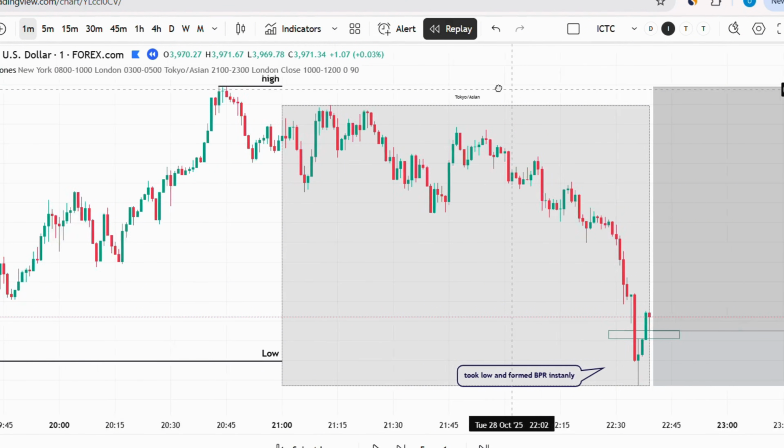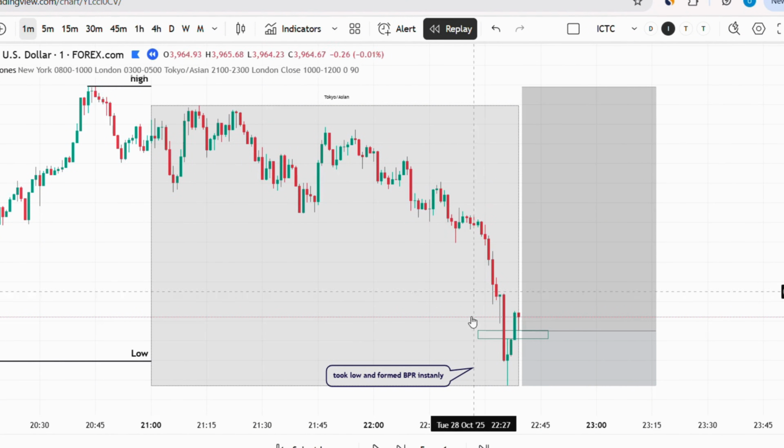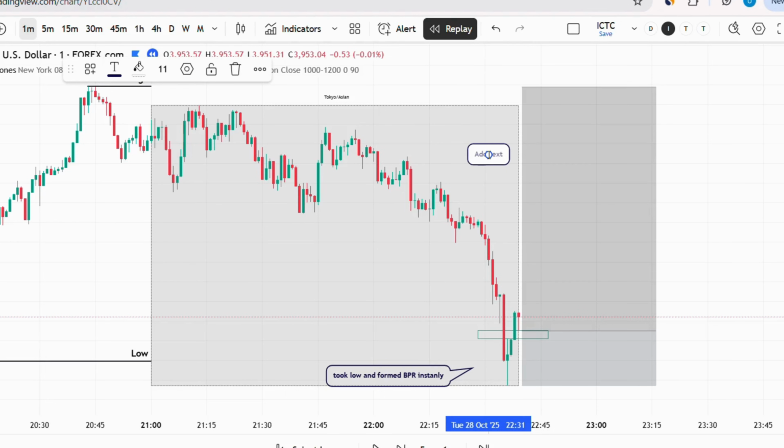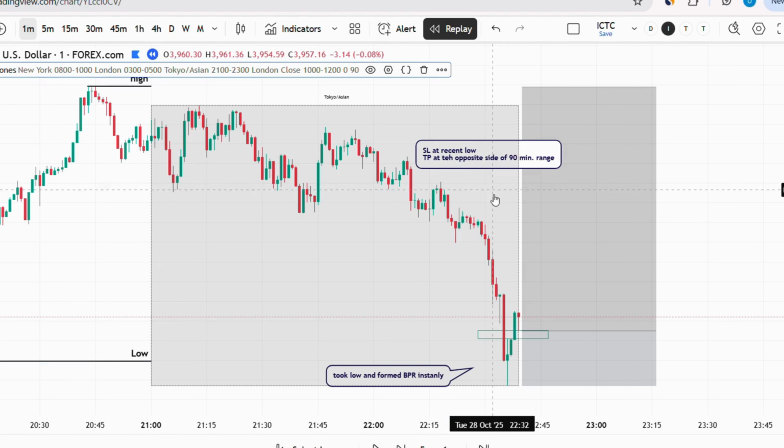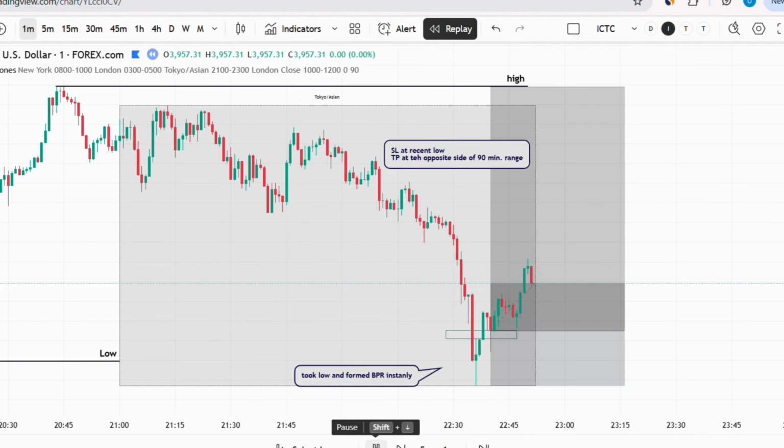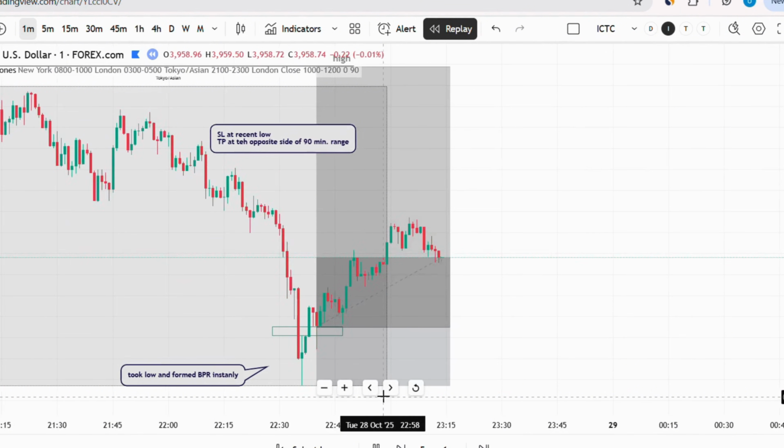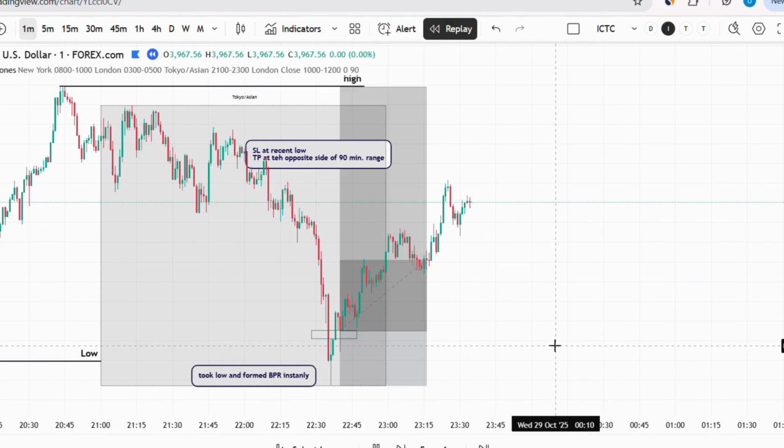Key takeaways. All 3 trades follow the same framework. Focused session, 90-minute range, instant BPR, entry, stop, target. The beauty is in the consistency. Once you see this in action, you'll realize the previous random losses approach is now replaced with precision, predictability, and repeatable high RR trades.